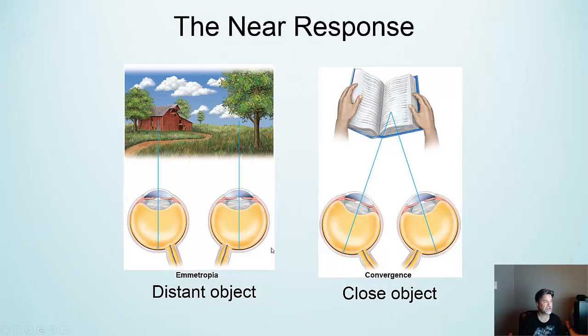So the near response: when we're far away, we're able to take in these parallel light rays. But when we're looking, say reading a book, at an object much closer than 20 feet, our eyeballs will turn and converge, and our pupils will constrict, and we'll see the lens fatten up as shown here. It'd be nice if they had more of a difference between the shapes of the lens, but it'll be fatter here, thinner here.